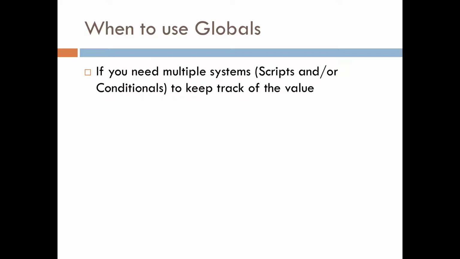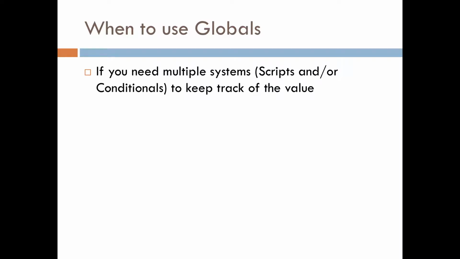When do you use globals? Typically you want to use it if you have multiple systems that need to keep track of a particular value or change in value. Scripts typically, or conditionals. Because it takes up space and memory and it will bloat your saved game after a while.